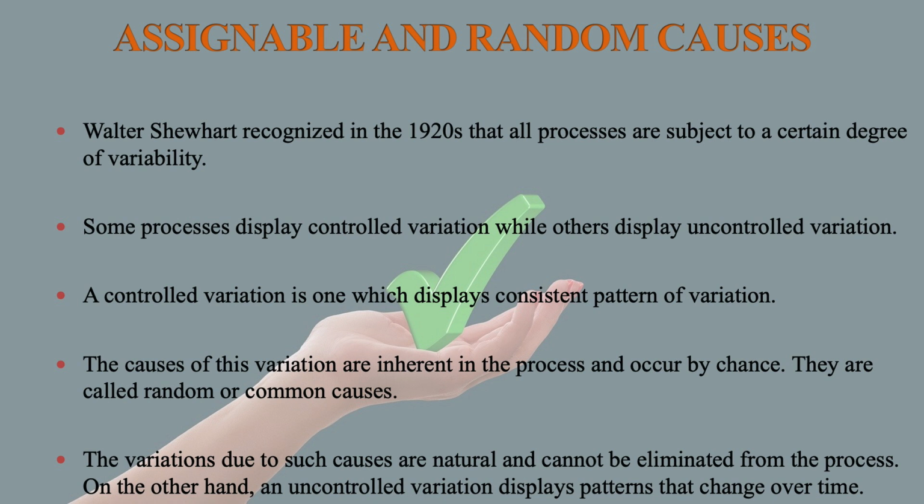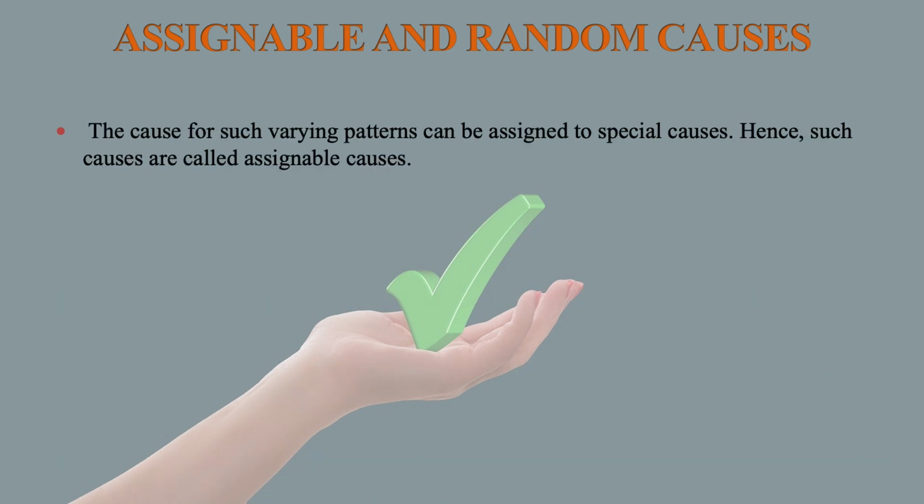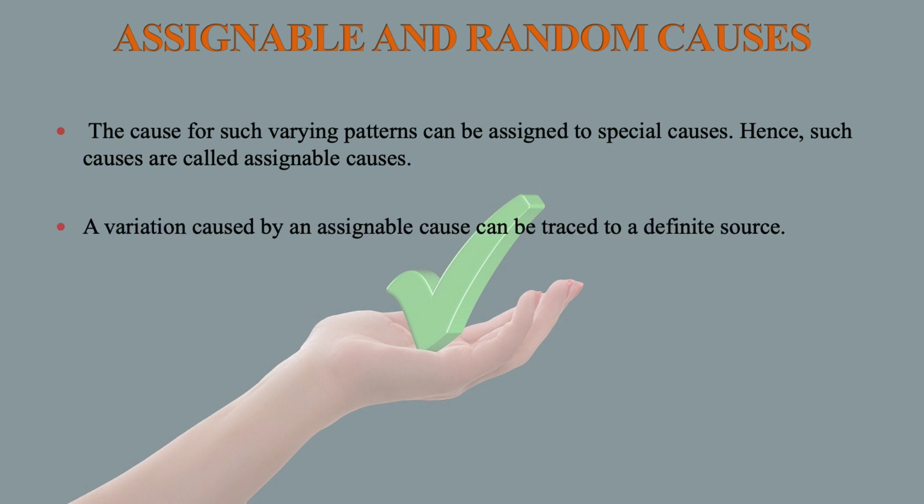On the other hand, an uncontrolled variation displays patterns that change over time. The causes for such varying patterns can be assigned to special causes. Hence, such causes are called assignable causes. A variation caused by an assignable cause can be traced to a definite source.